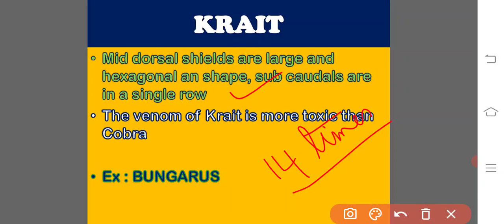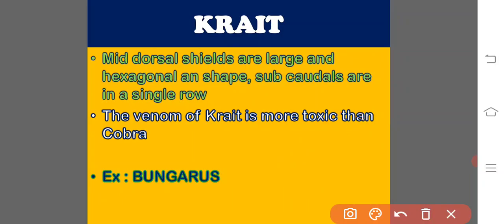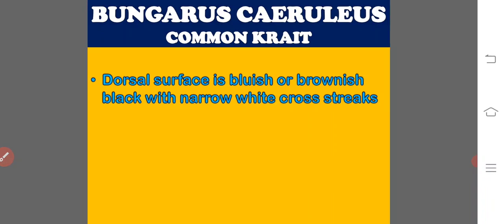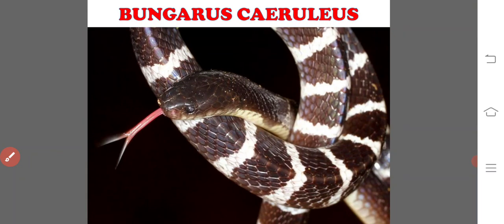The example is Bungarus. There are 2 species, Bungarus fasciatus and Bungarus caeruleus. Bungarus caeruleus is commonly called the common krait. The dorsal surface is bluish or brownish black with narrow white cross streaks. These are commonly seen in rural areas.